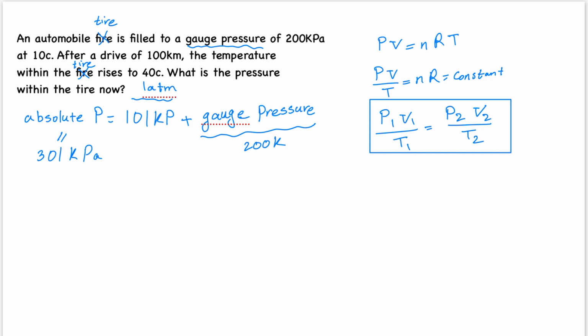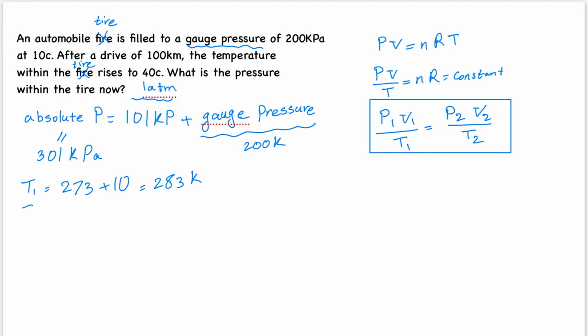We are also given the temperature. T1 will be 10 degrees, so it will be 273 plus 10, which is 283 Kelvin.